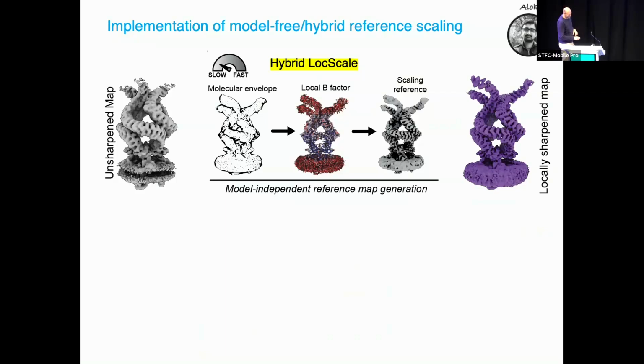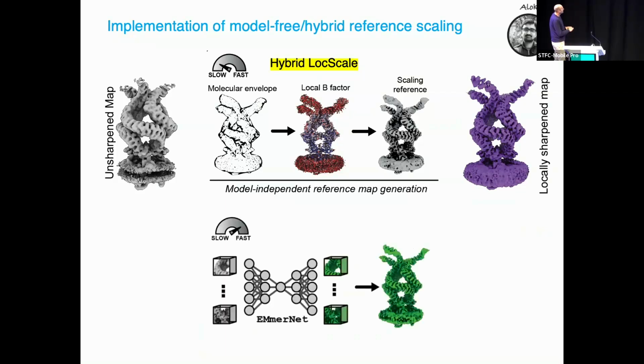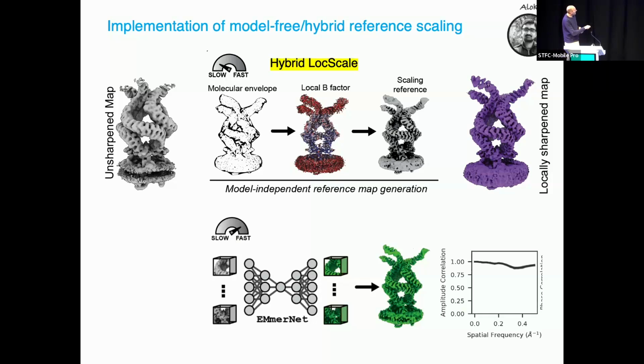So that's why Alok tried to perform this procedure on a large number of maps and then train a network to basically predict the scaling reference from that large number of training data. You can look at the amplitude correlation of these individual cubes as we would get them from the network that we're calling EMANET, compared to the amplitudes that we would get if we use this physics-based scaling procedure.